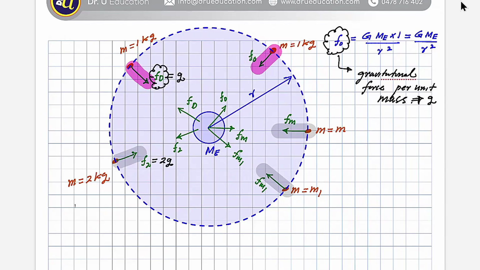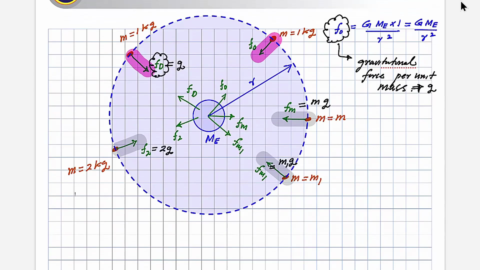Now if you go into Fm, then here, what is that? m g, and what about this one? m1 g. Now you should see the connection. What is the connection? Connection is this, my friend.